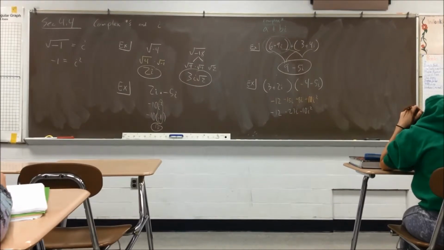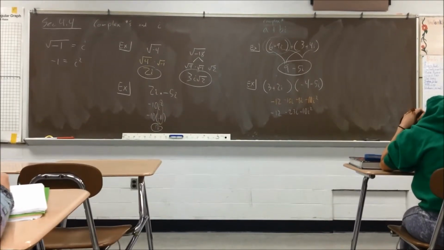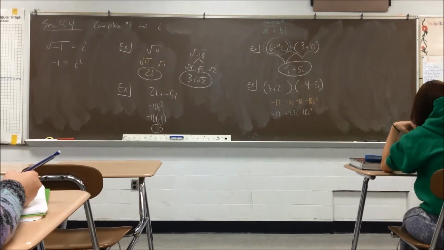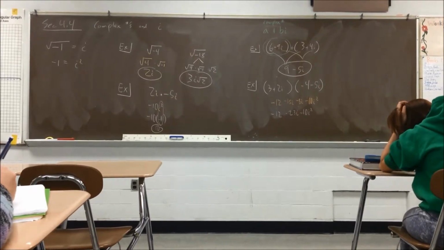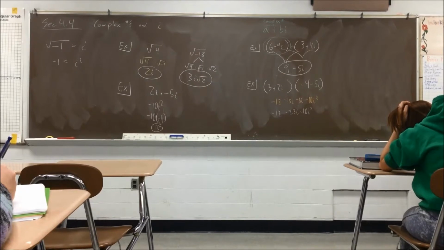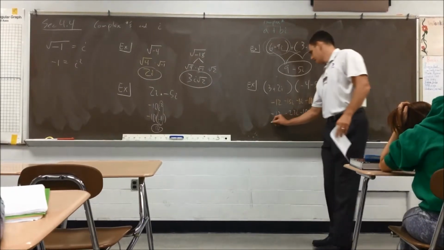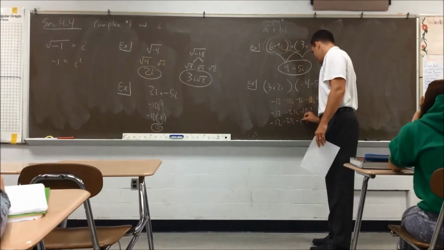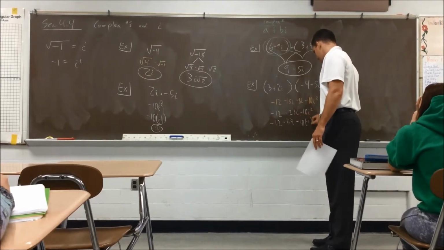But are we done? No, of course not. Because, Jed, what is i squared? i squared would be negative 1. Negative 12 minus 23i minus 10 times negative 1.